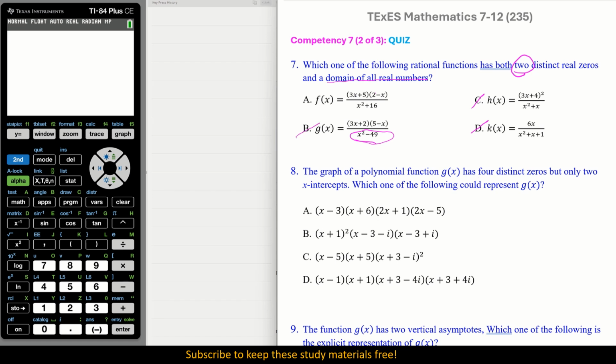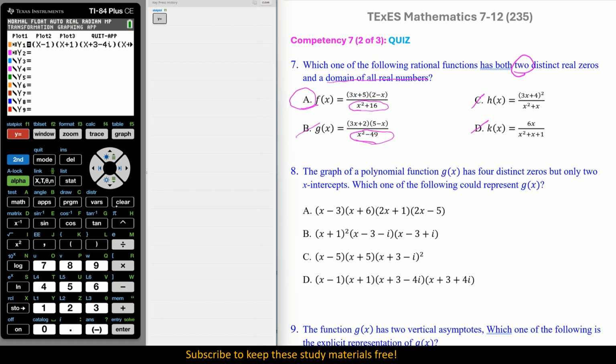So that eliminates B. Now if we look at A, we can see that this actually will give us a complex situation. And when that happens, we can't see complex values on our real number line, our coordinate plane. All we can see is all real numbers. And we can even graph that. So we know A is our option.